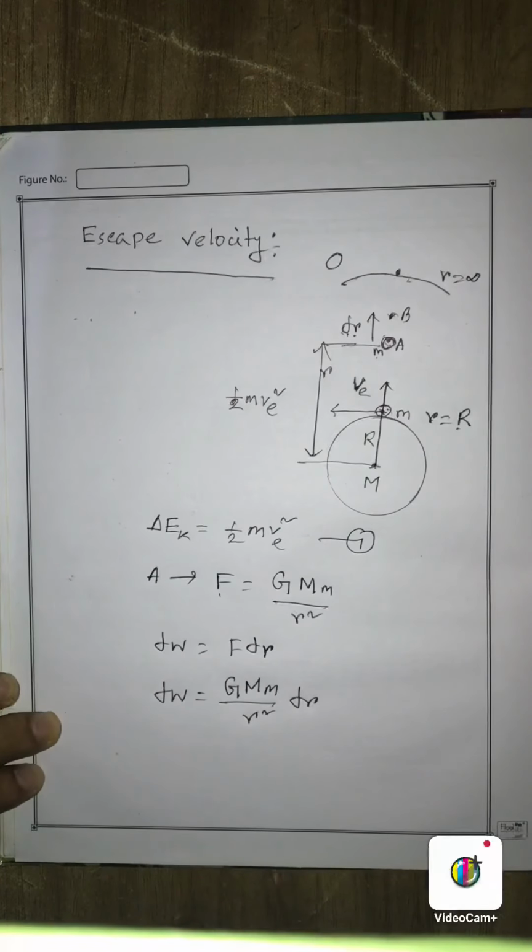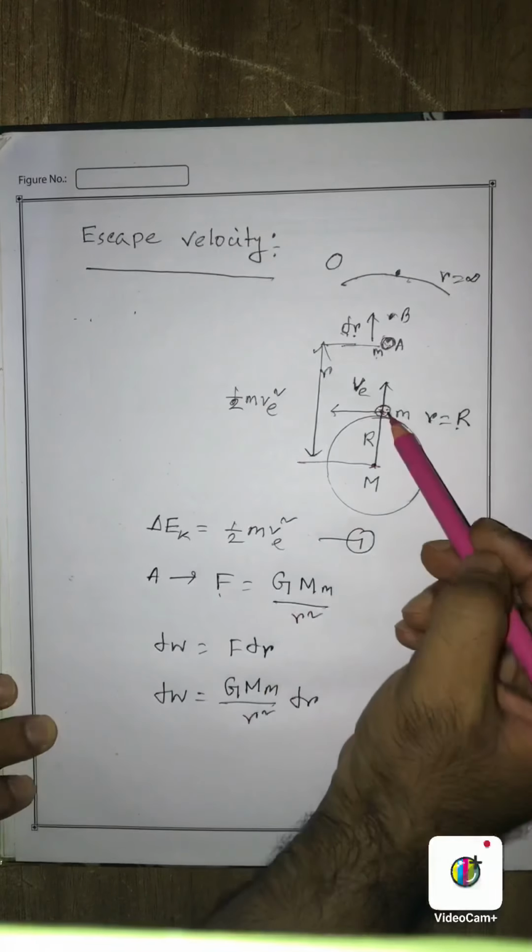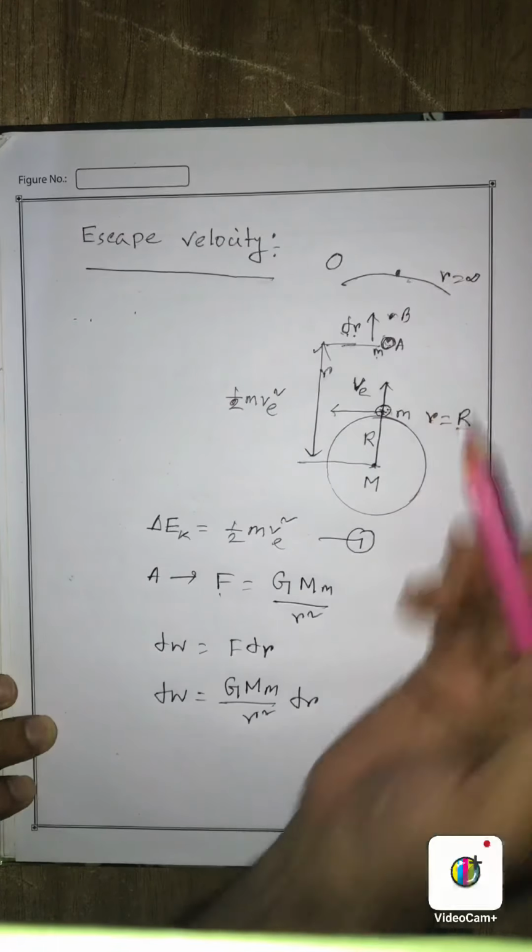Now we will calculate the total work done from Earth's surface to outside the gravitational field.